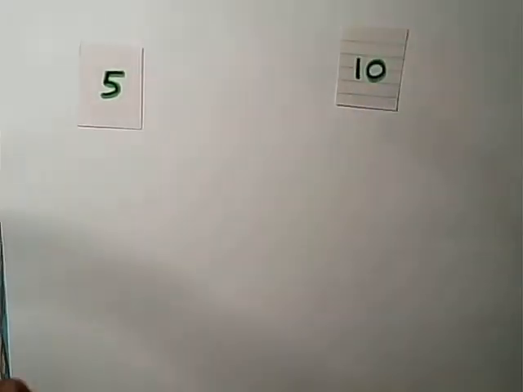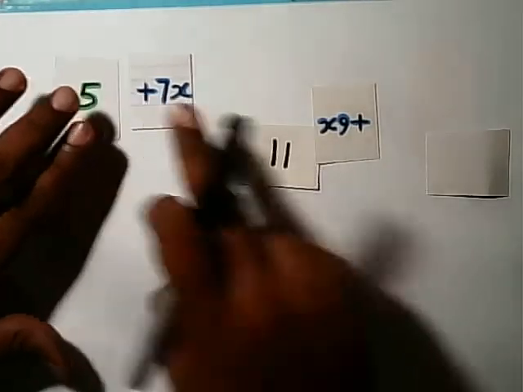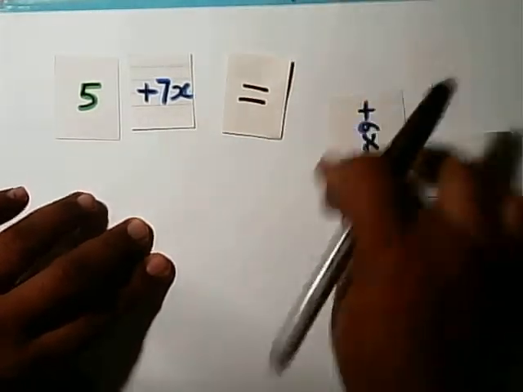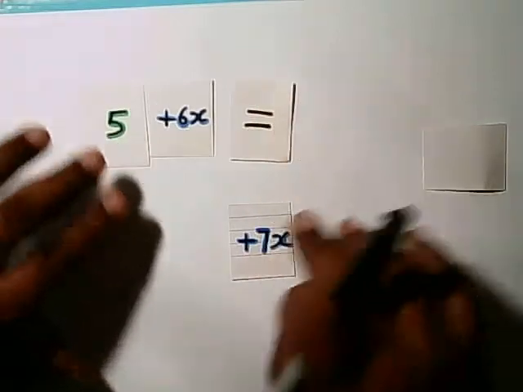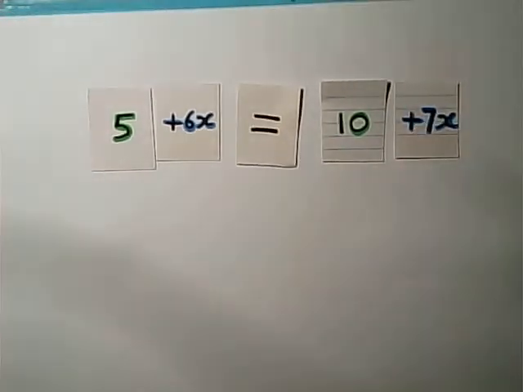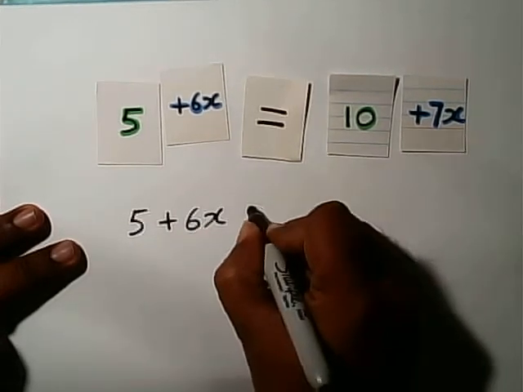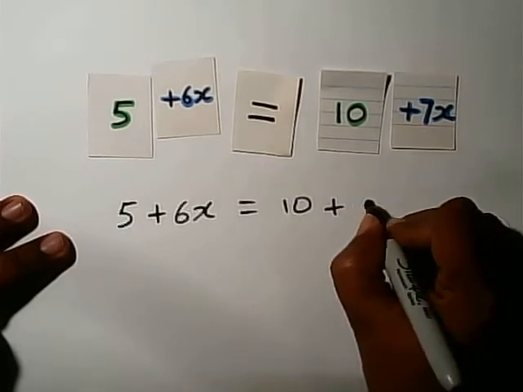Here's a hard question. My sum is going to be 5 plus 6x is equal to 10 plus 7x.